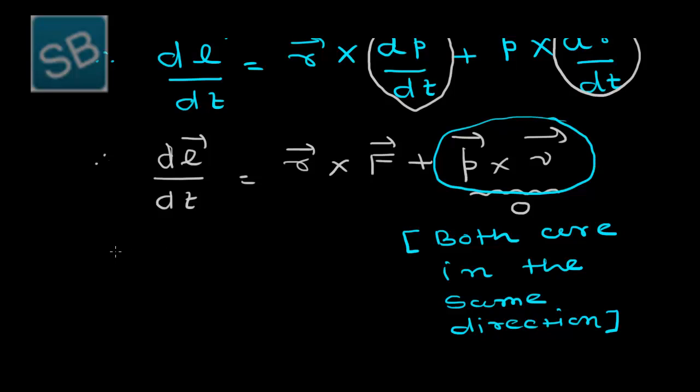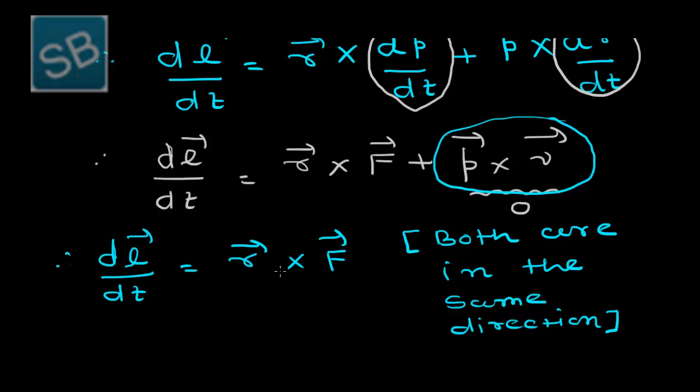Now, after concluding that this quantity is 0, I can write down the value of dL by dt is equal to position vector r cross the force vector F.